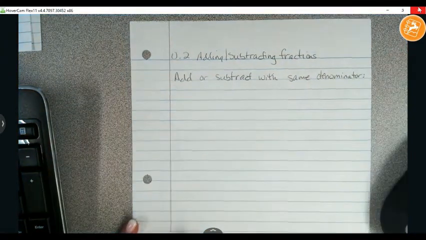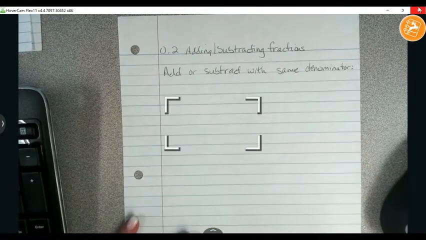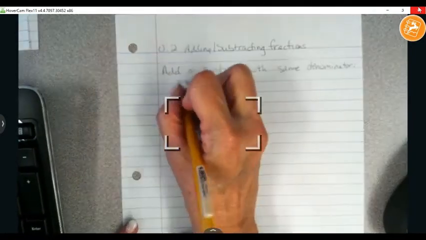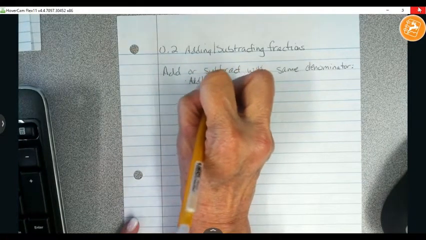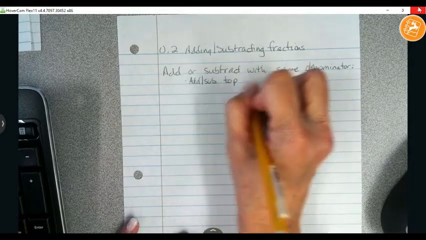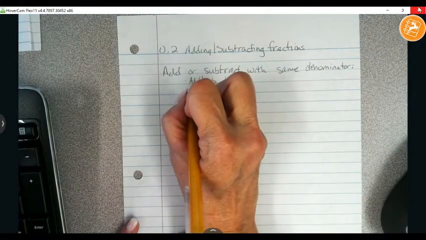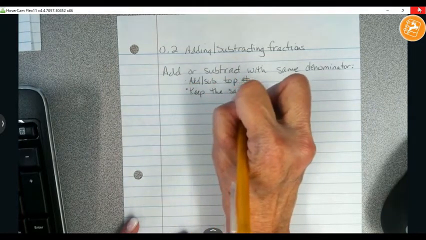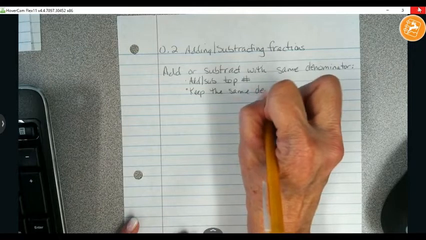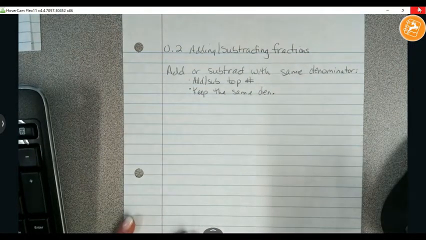Okay, so to add and subtract with the same denominator is the very simplest kind of fraction to do. All you have to do is add or subtract the top number and then keep the same denominator. Little abbreviation there, so hopefully everyone gets that.